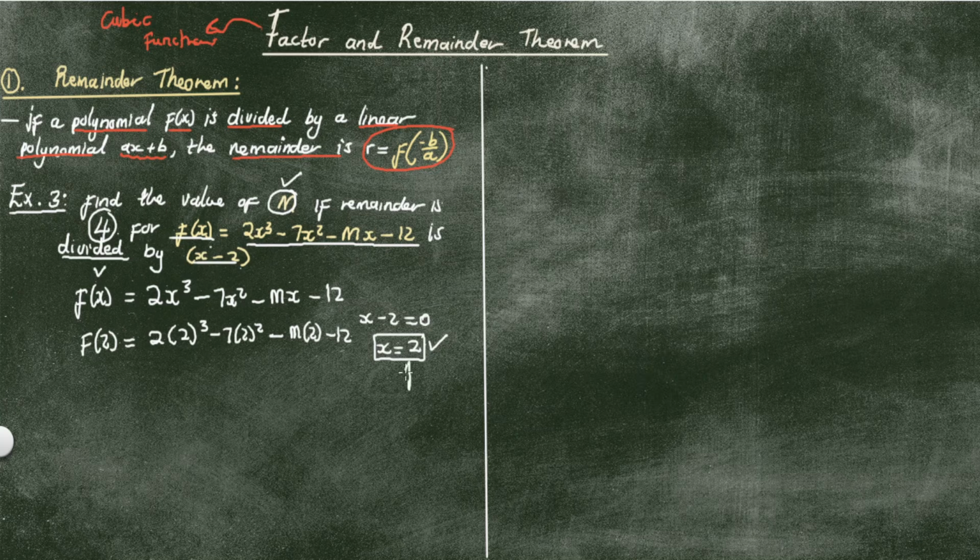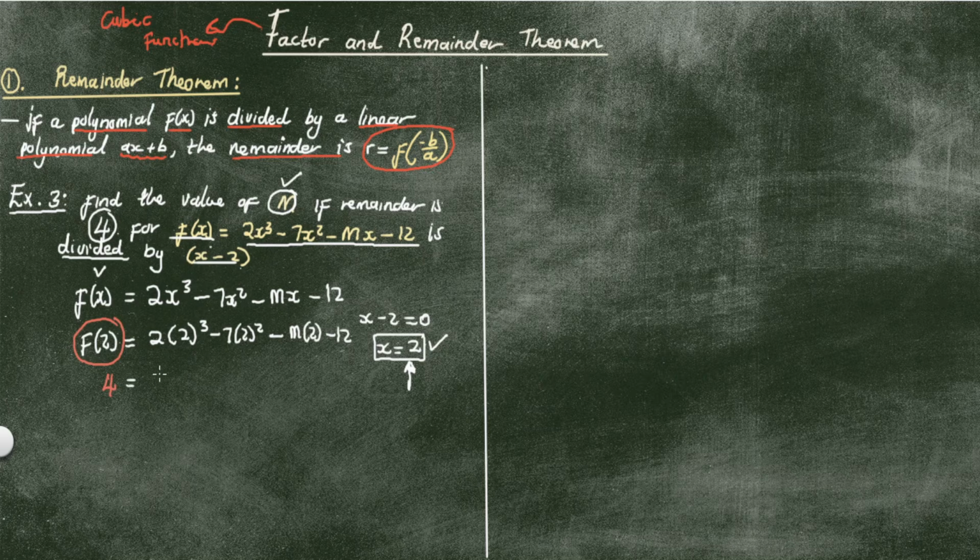Whenever I substitute the divisor, the linear polynomial that I'm dividing with, into the polynomial, I'm getting a remainder of what? Of 4. So it means that whenever I substitute the 2, I should get a 4.